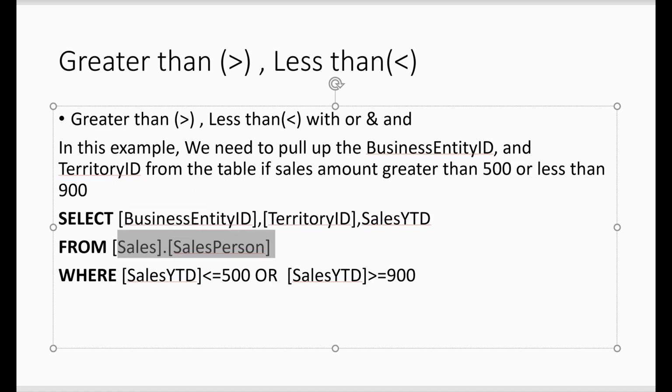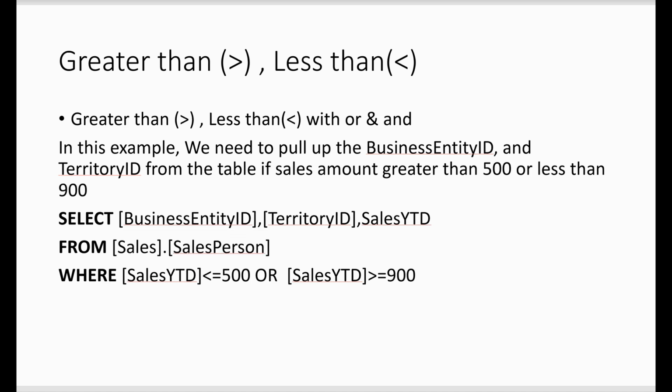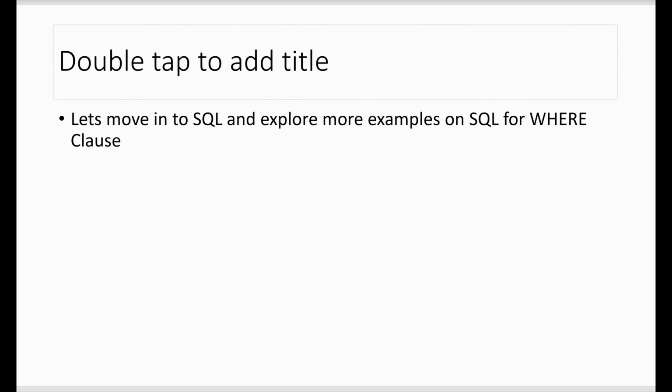So we have to give the condition where sales year to date is less than or equal to 500, or sales year to date greater than 900, or vice versa. This is just a structure. Okay, let's move into SQL and explore more examples for the where clause.